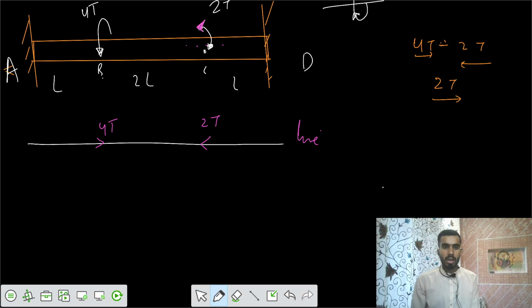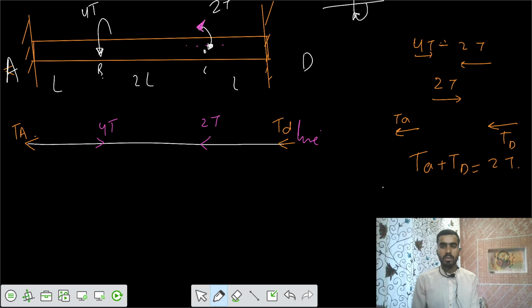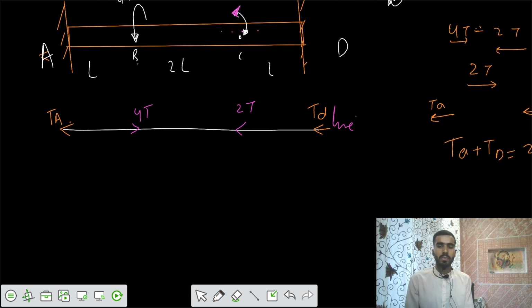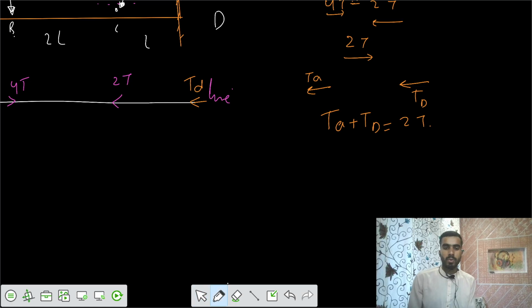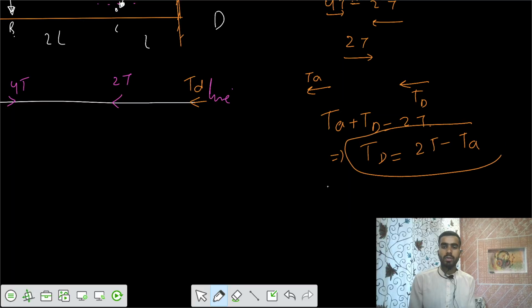To balance this net, there should be some opposing moment at A. Let's call it TA. So there should be some TA in this direction, and there should be some TD also in the same direction, so that they balance that 2T. Let's write that TA plus TD equals 2T. If you substitute, I can write TD equals 2T minus TA.